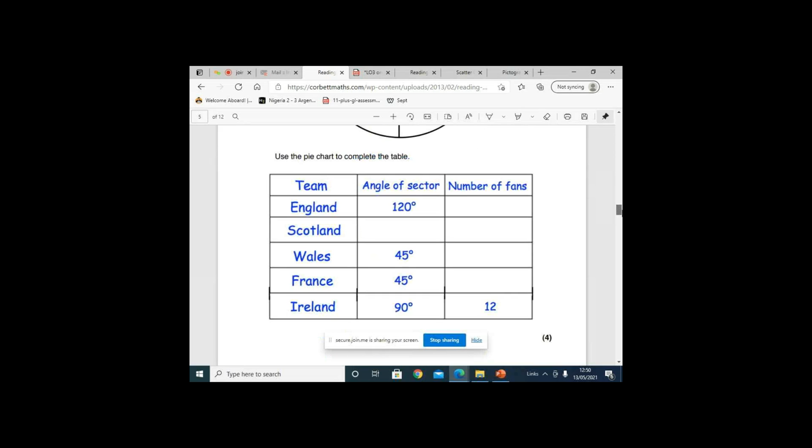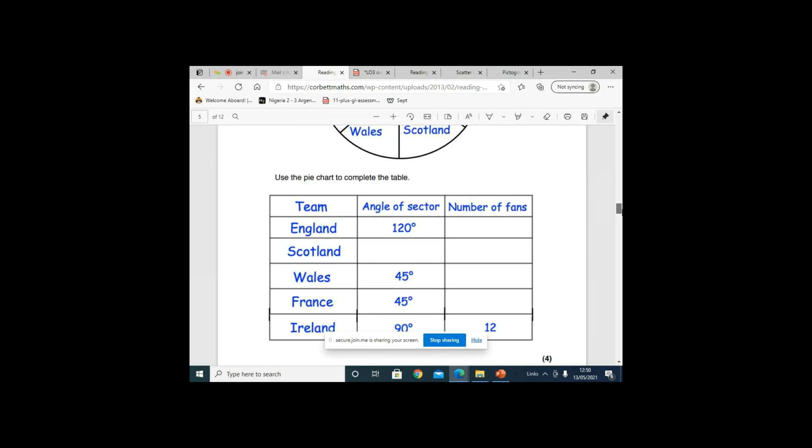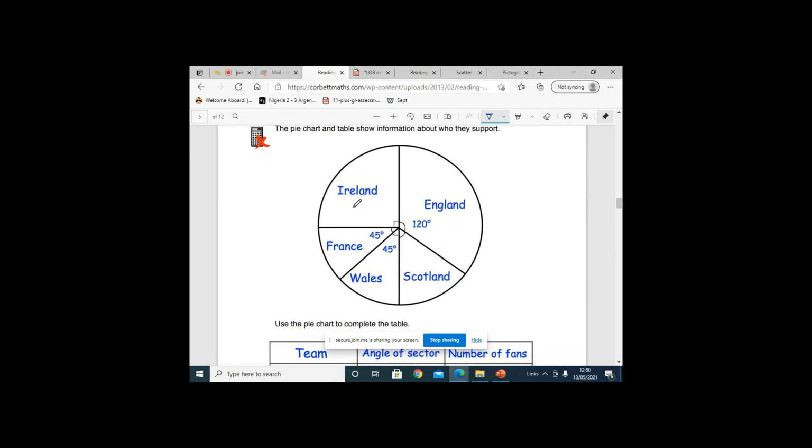So look at this one now. It says 12 is a quarter. You get it? If it's a quarter, what is going to be everything that is there? So if a quarter here is 12, what's going to be the sum of everything here?